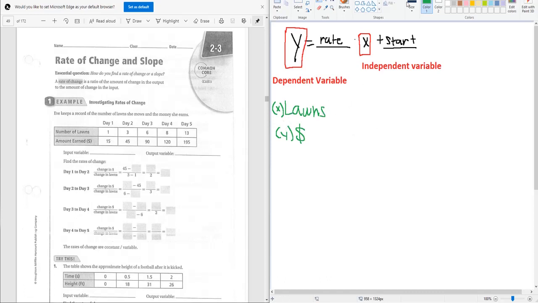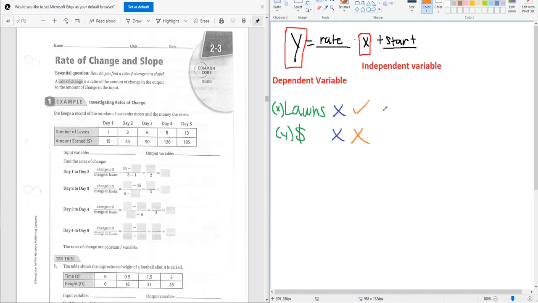For example, if I stopped mowing the lawns, can I charge money for that? No. I can't charge money if I'm not mowing lawns. That is stealing. That is just taking someone's money because you feel like it. No, it doesn't work.